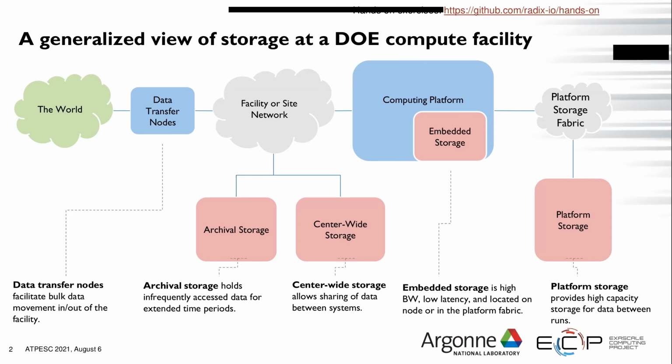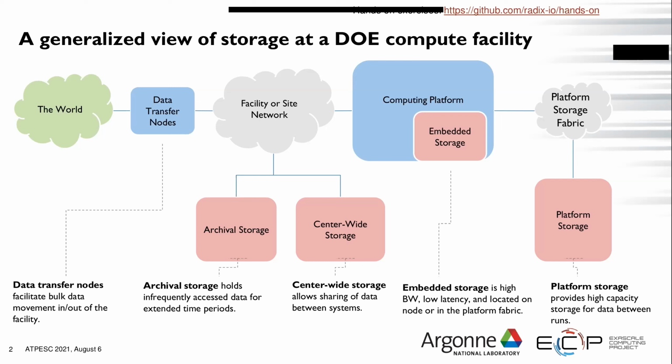These are the things that run Globus and other data access mechanisms so that you can get things in and out of your compute facility, maybe to your local site or to sensors or wherever you're doing.